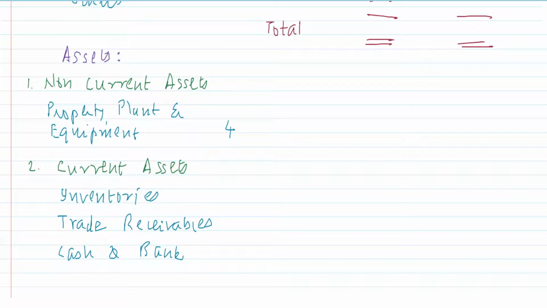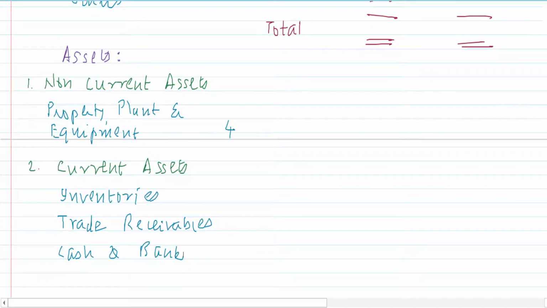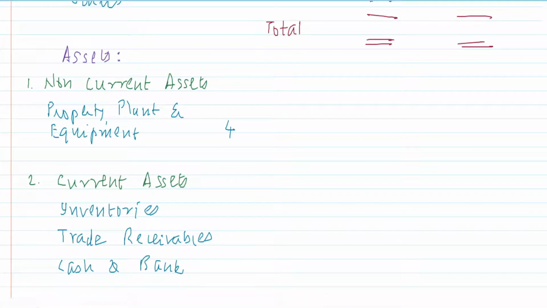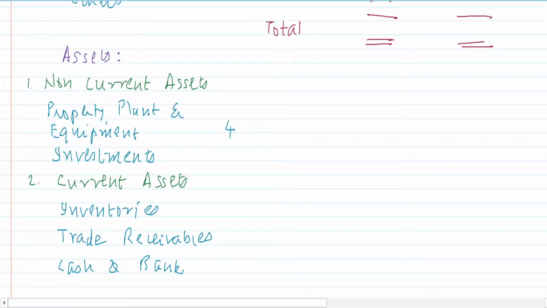Yeah, there was one item that we missed out. Investments. Sorry, we just missed out the investments. So we have investments over here. We will do a line by line addition of the investments. So we get 1200.